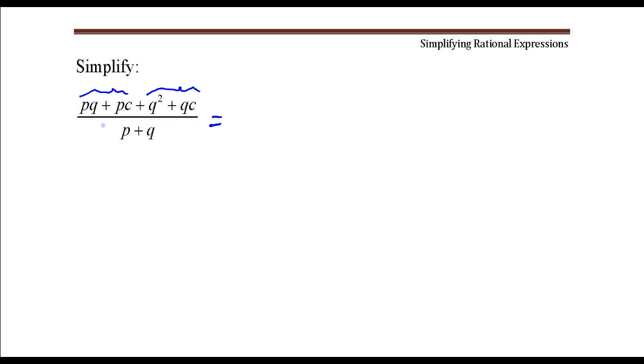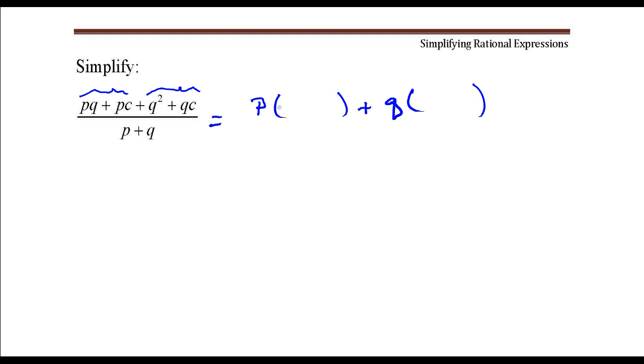So we'll start there. Greatest common factor of these first 2 terms is P. Greatest common factor of the last 2 terms of this polynomial is Q. Alright, so let's factor a P out of the first 2.